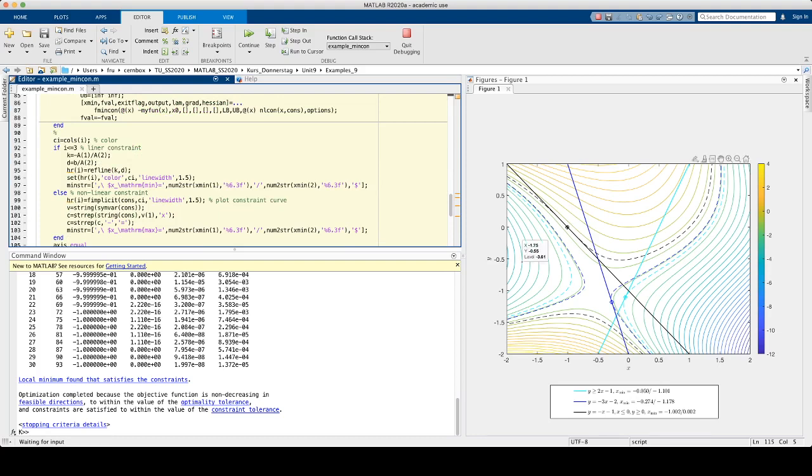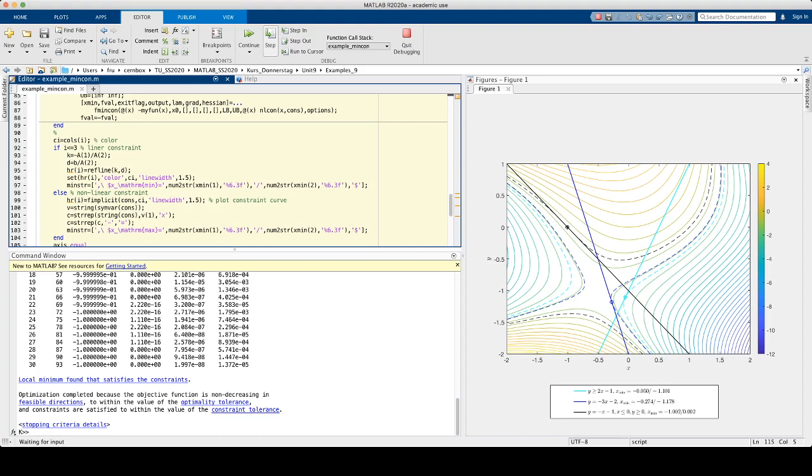I've also drawn the contour line, which is parallel to the constraint line at the point of the solution, the constrained minimum, constrained by the linear equality and the quadrant x negative, y non-negative.